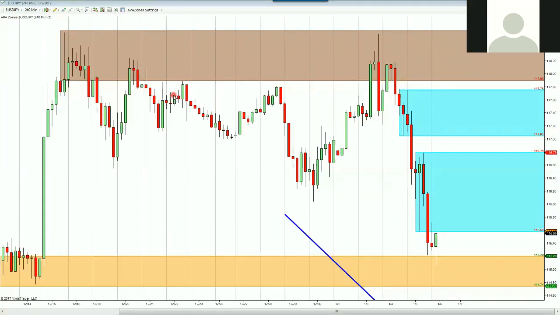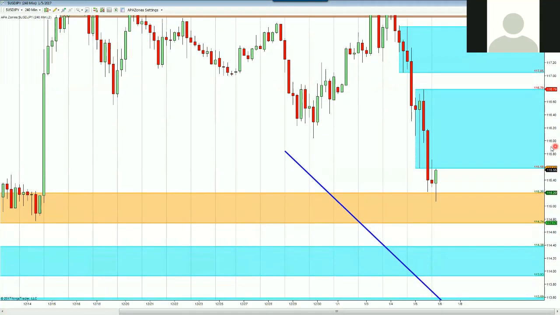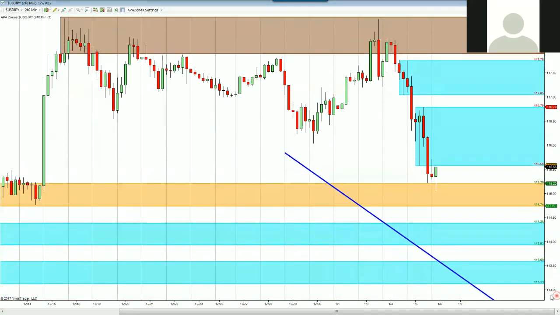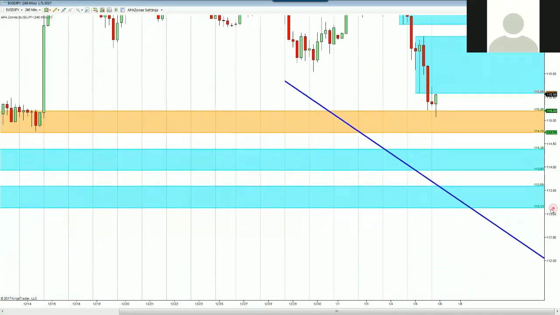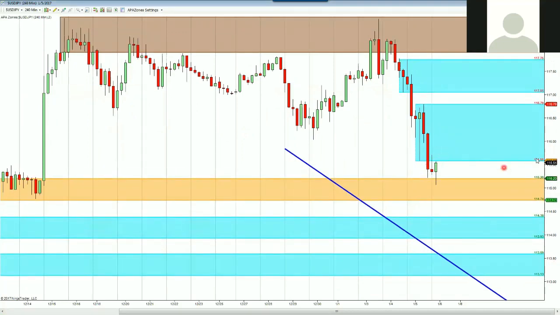As we look at the 4-hour time frame, just to give us a little hint of some good support and resistance that's going to be coming into effect, you can see the mini zones that we have on our chart here, and I'm looking at the 115 down to the 114 zone, as well as, let's scroll down here a little bit further on, we have a couple aqua zones right there. These could all be really good support and resistance levels on our way down here.